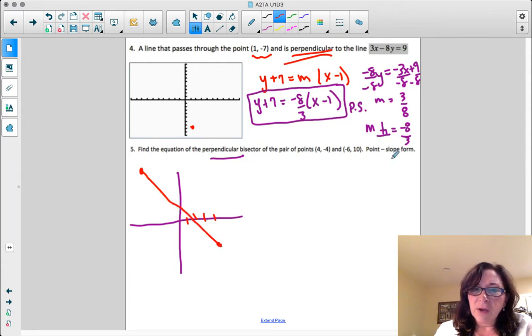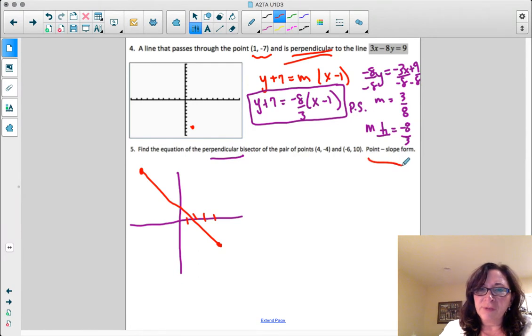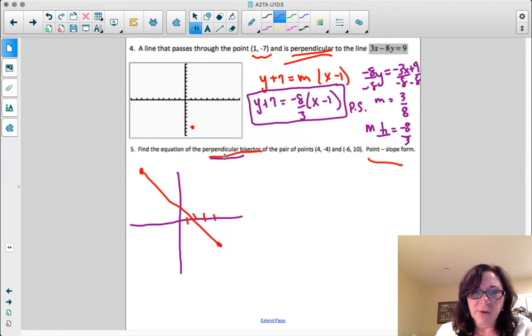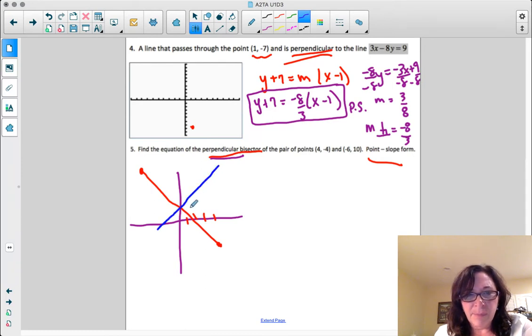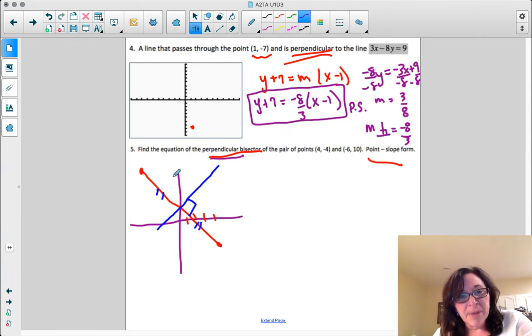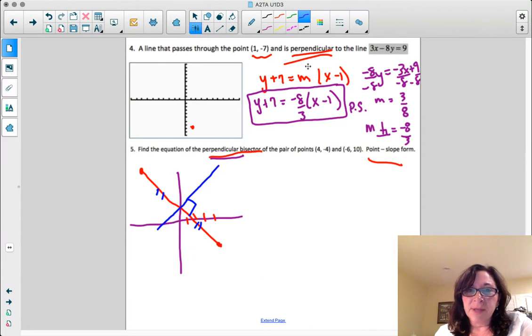And we want to put this in point-slope form, but they want the equation of the perpendicular bisector. That means that I want to know the equation of the line that's going to be bisecting this, which means that's going to equal that, and it's perpendicular. So we are going to use something like what we did up on top in problem number 4.